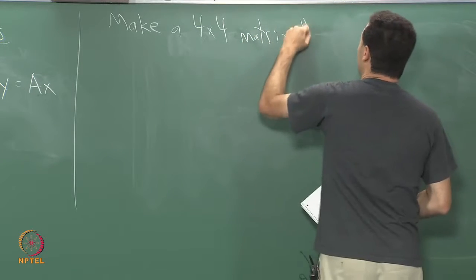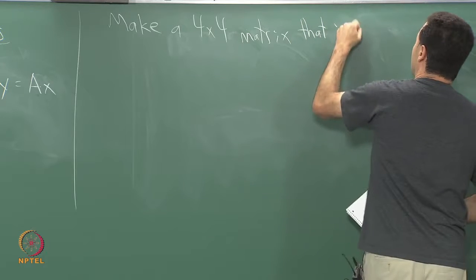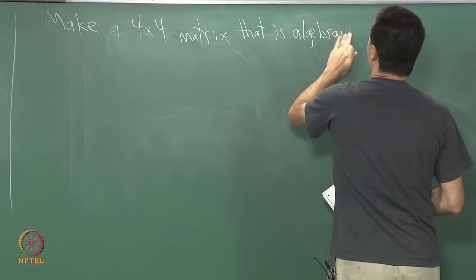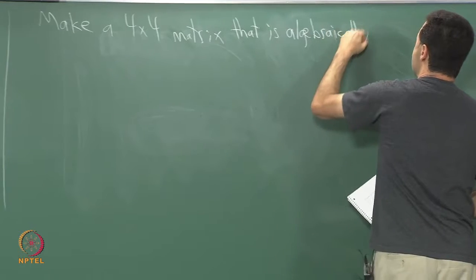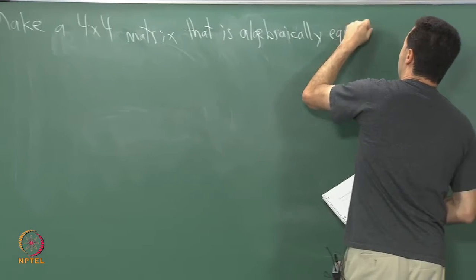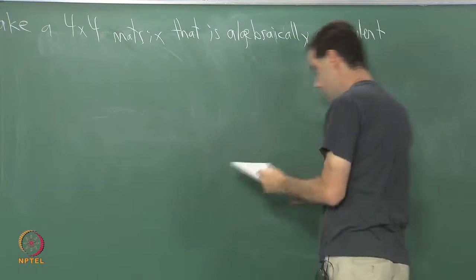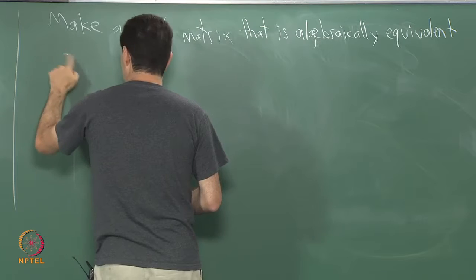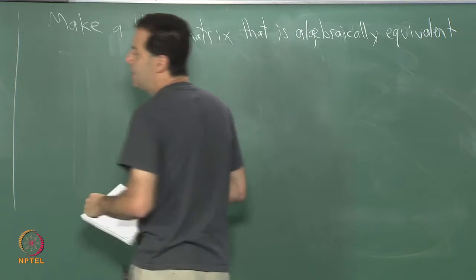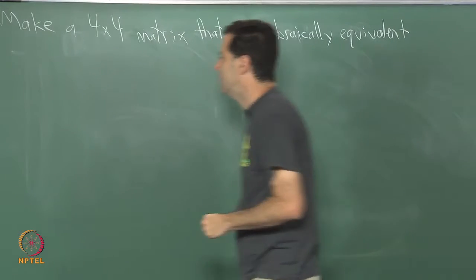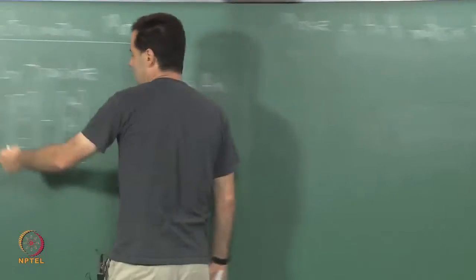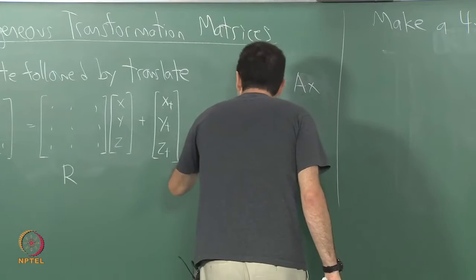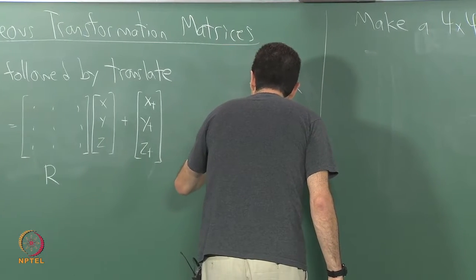That is algebraically equivalent when applied to a point. So what I do is I take my x, y, z point over here, where I just applied the rotation and translation in the standard way. My point is just x, y, z.